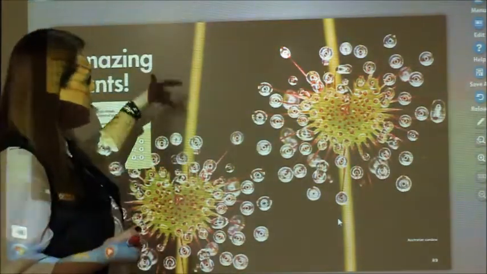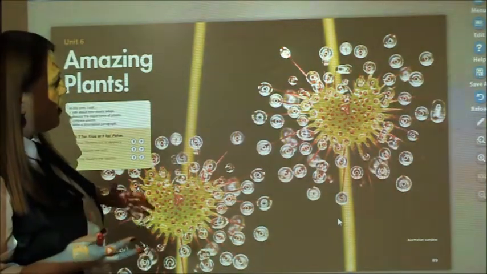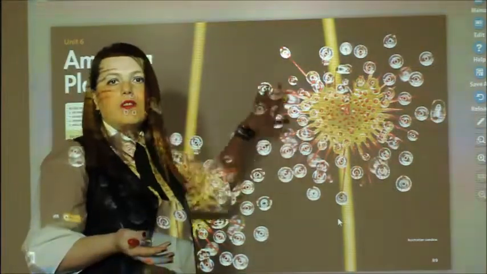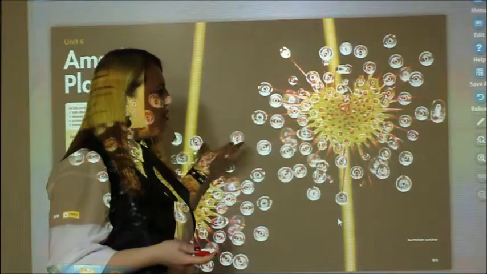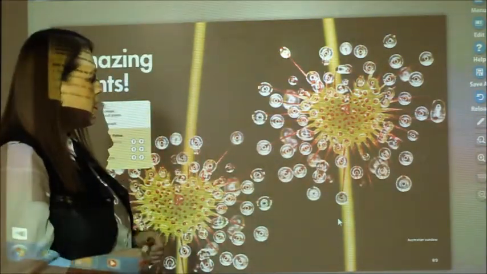For example, when I look at the picture here, I see a plant like a flower, but with a lot of water drops around it. It's a very different kind of plant, I think. I think you are thinking like that.